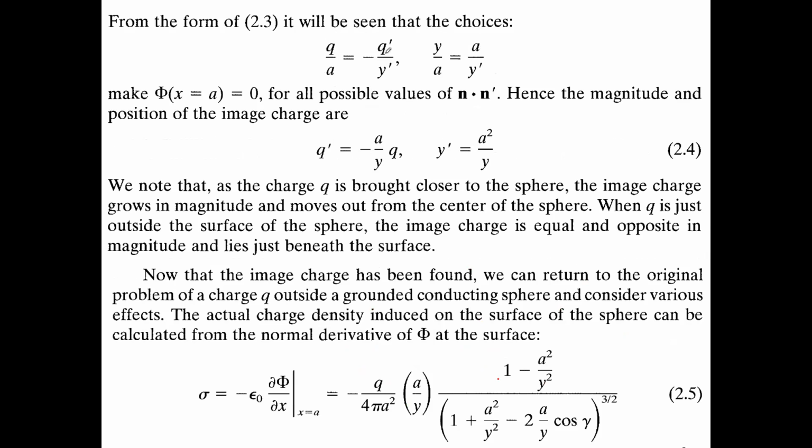By solving this equation, you have two unknowns, Q prime and Y prime. All the others are known.